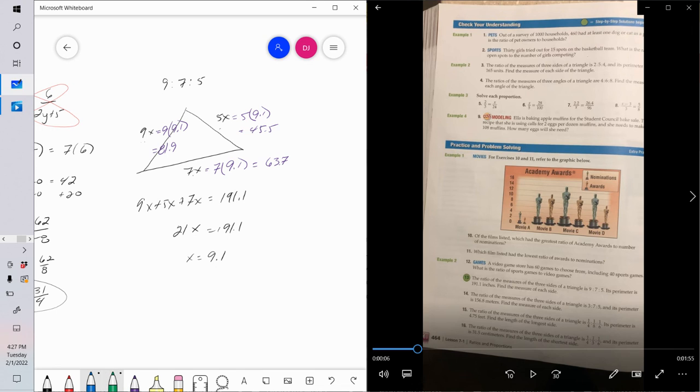And now to check myself, I'm going to add 81.9 plus 45.5 plus the 63.7 to confirm that, in fact, I do get 191.1. So those are the original three sides of the triangle.